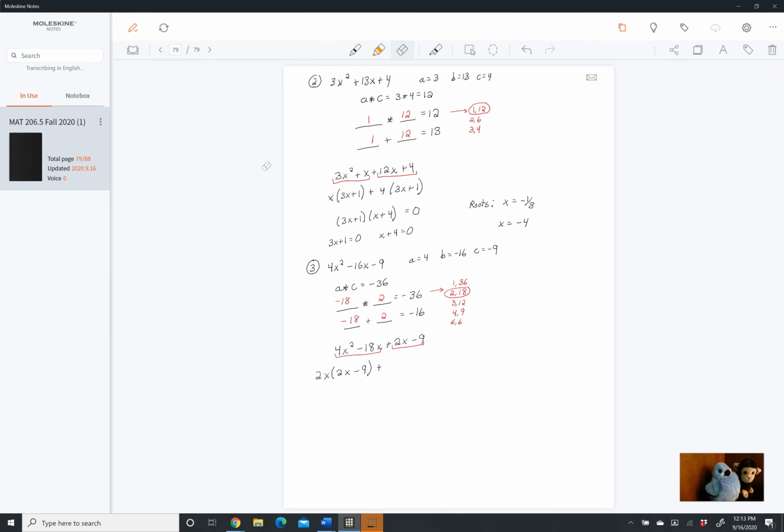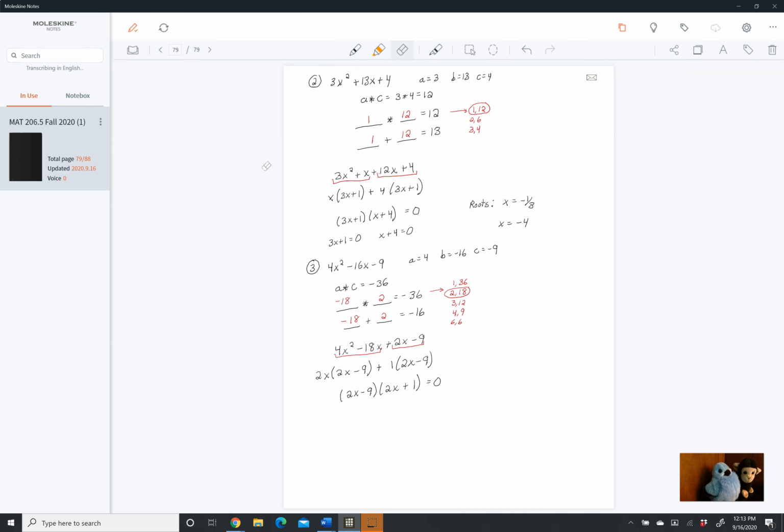From the second one, notice we can't pull out anything. If you can't pull out anything, then just stick a 1 in. So it becomes 1 times 2x minus 9. Nothing can get pulled out. So now we just take out the 2x minus 9. In front of the first one, I see a 2x. And in front of the second one, I see a 1.